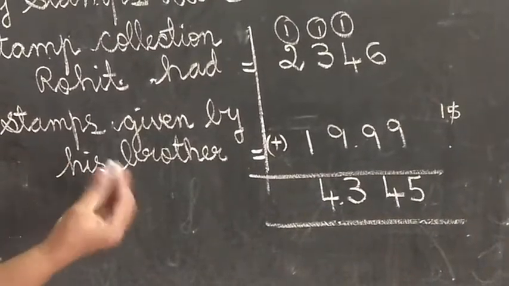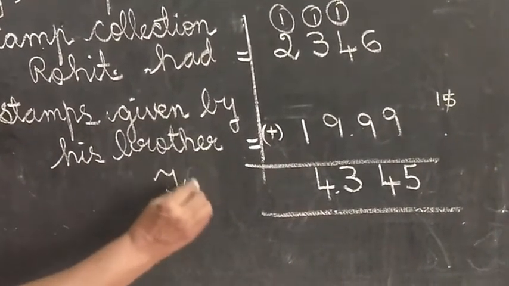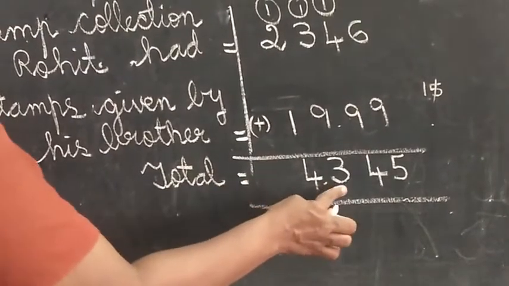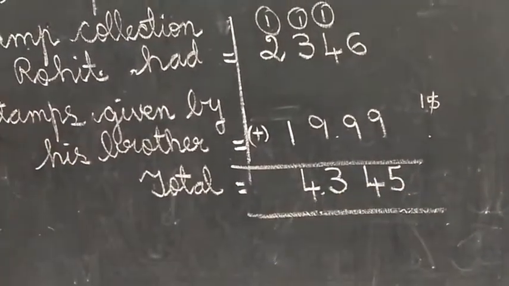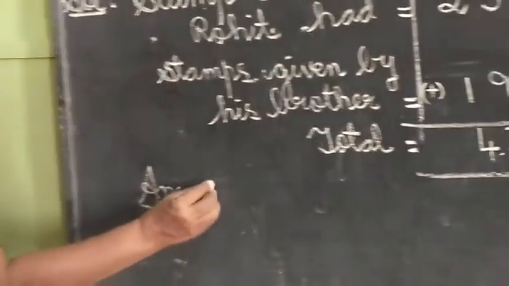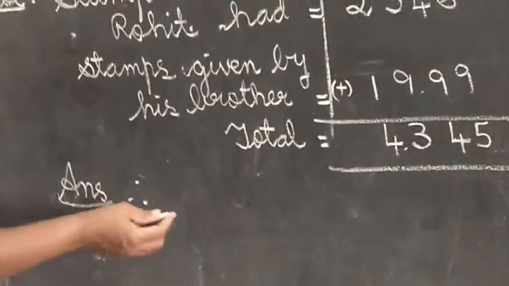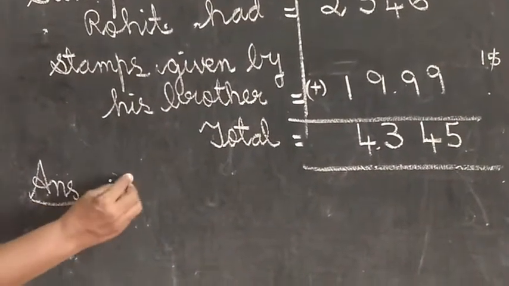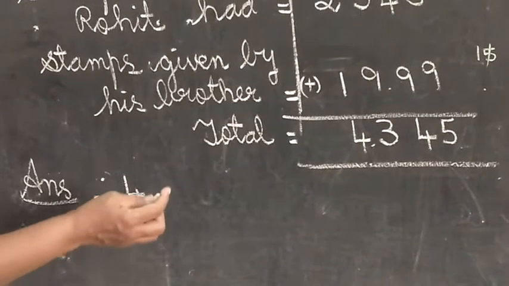All together you can write, otherwise first you can write total. So, how many stamps? 4,345. Next you have to write the answer. You have to take and write the answer. Therefore, how many stamps did he collect, children? Stamps Rohit has.